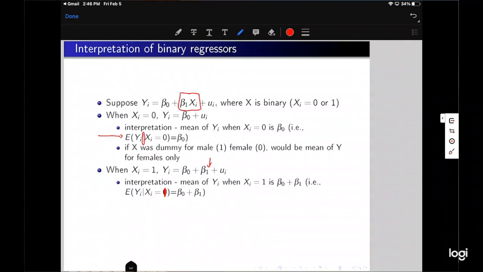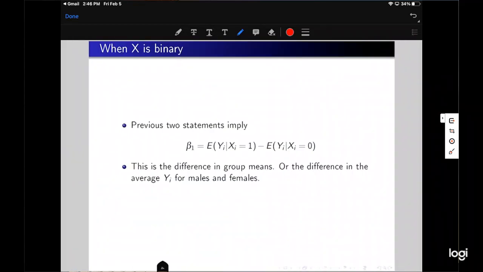So the previous two statements imply that the difference between the expected value of y_i when x_i equals 1 and the expected value of y_i when x_i equals 0 is beta 1, our quote-unquote slope parameter. But what it really is is the difference in group means, or the difference in the average y for males and females if x is a dummy for male versus female.